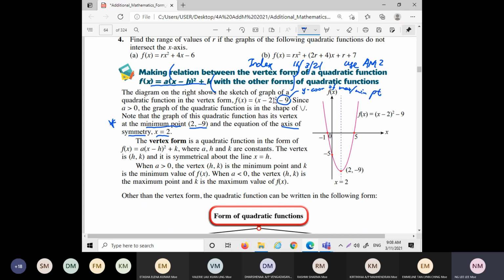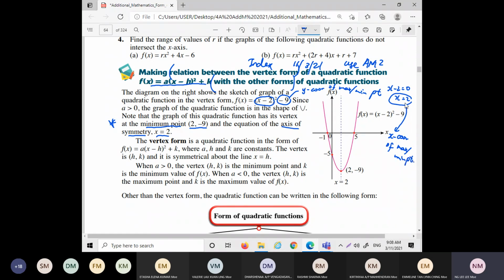Then this one, let it equal to 0. x minus 2 equals 0, then x is 2. This one will be your x coordinate of the maximum or the minimum point.